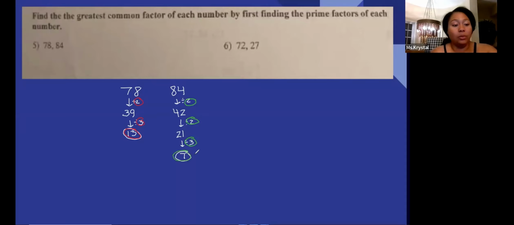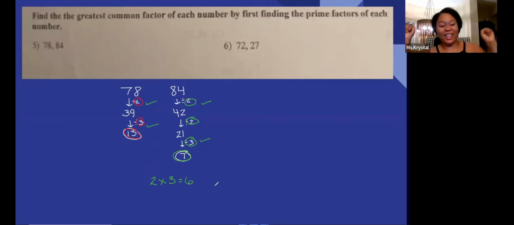Okay. So what we're doing, we're thinking what they have in common. They both have a 2 in common, and they both have a 3 in common. So the 2 and the 3 is what we're multiplying, because they both have a 2 and a 3. So 2 times 3 gives us 6. And we are done with that one.